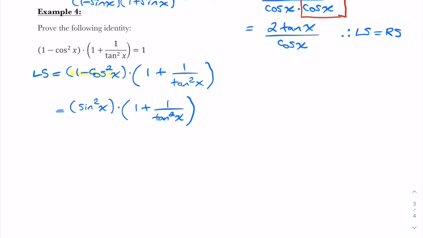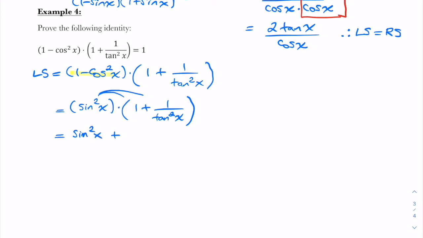All right, so with that being said, how can I make the left side look like 1? Well, the only thing really left to do is to try and simplify this. So I'm going to go ahead and FOIL. So sine squared x multiplied by 1 is just sine squared x.